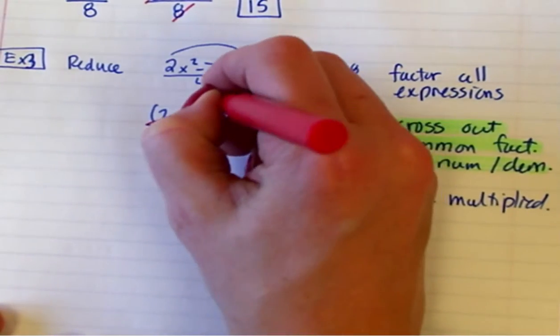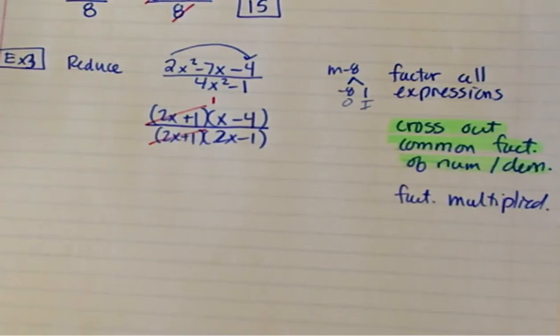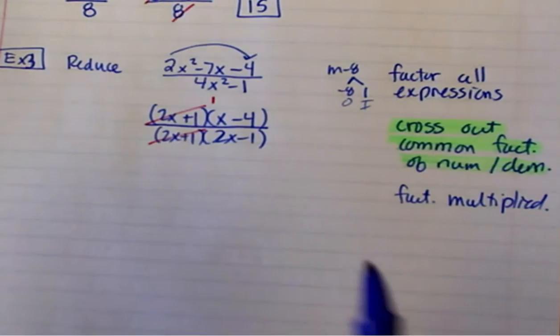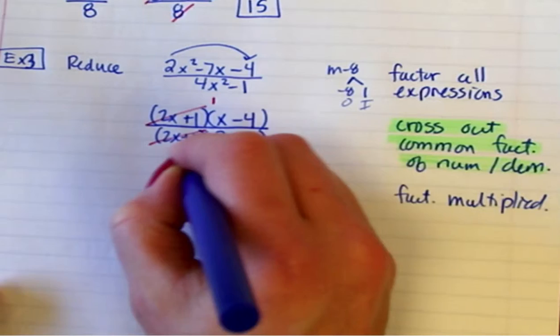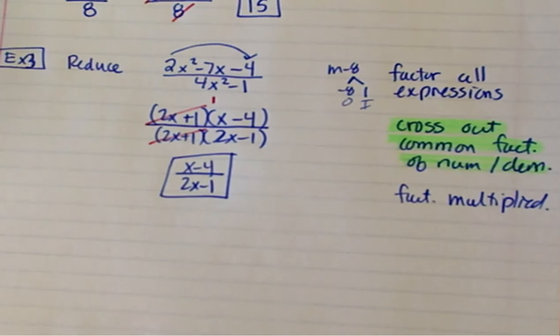And it reduces to 1, right? 2x plus 1 over 2x plus 1 reduces to 1. And so our result is that's it. There's no more reducing. Reducing is only for common factors.